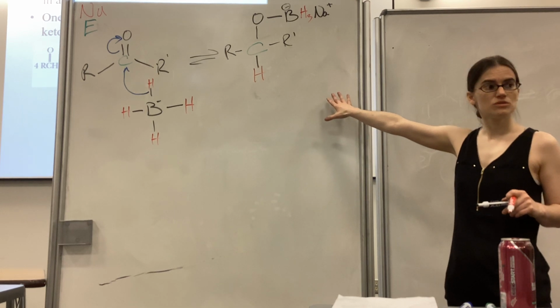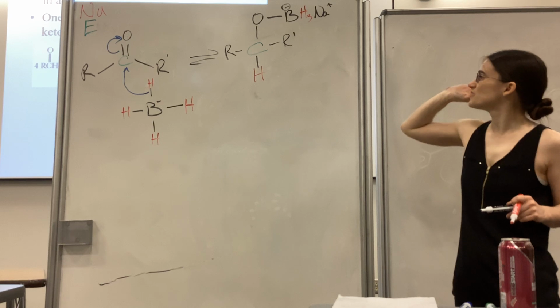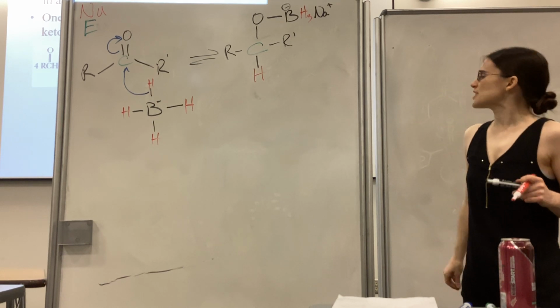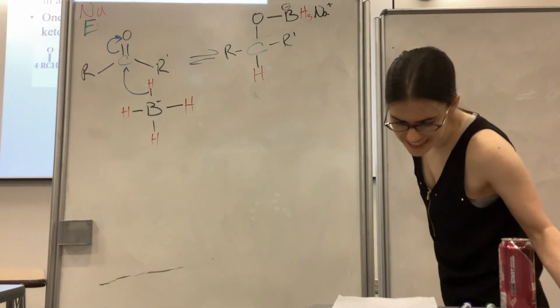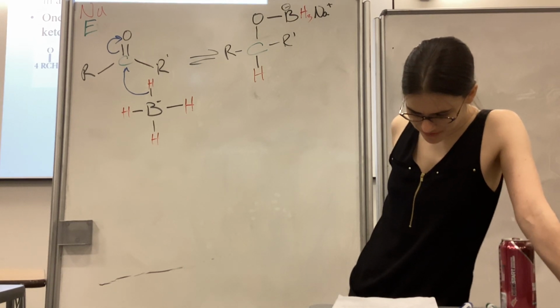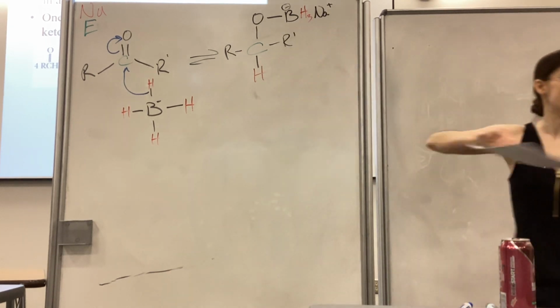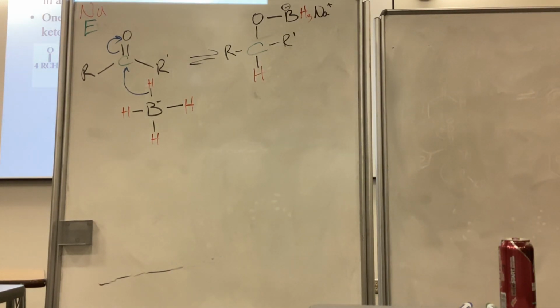Yes? No? So the oxygen attacks the boron after it loses the first hydrogen? Yeah, so basically they don't actually have a, like, I really don't like this, because these are straight from your slides.